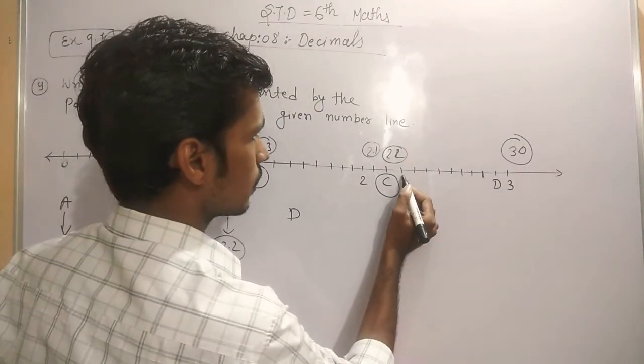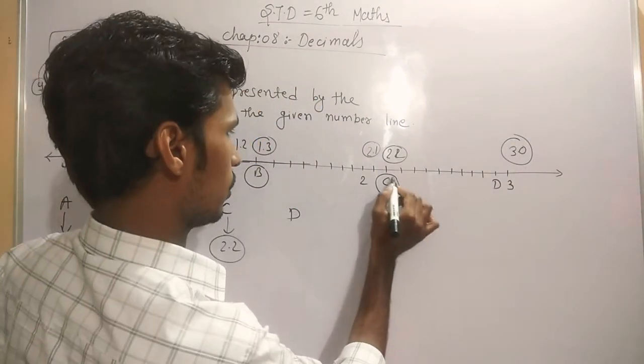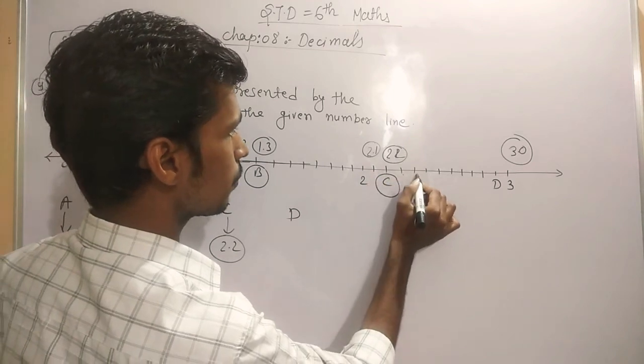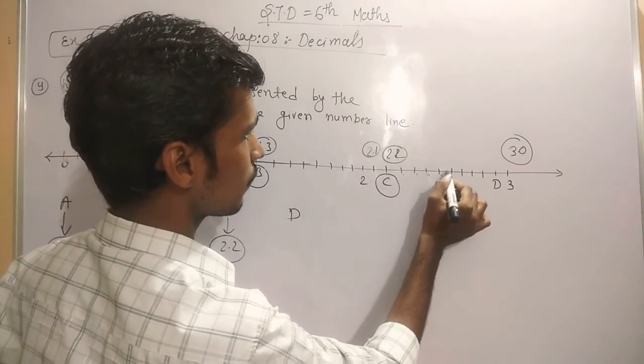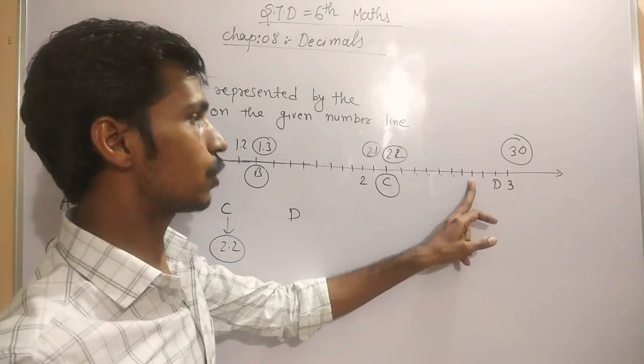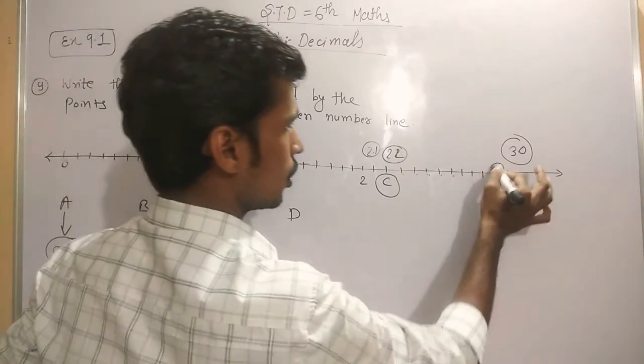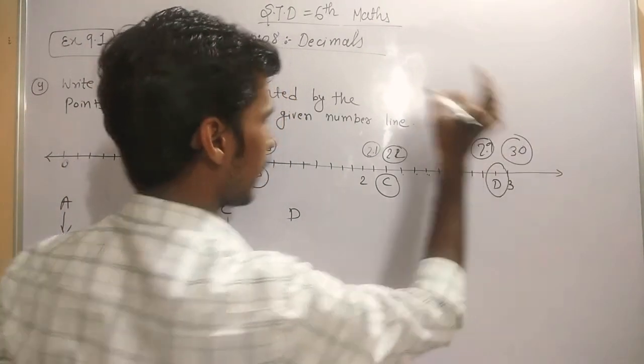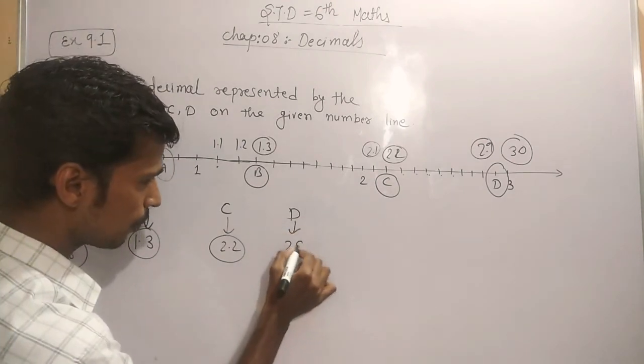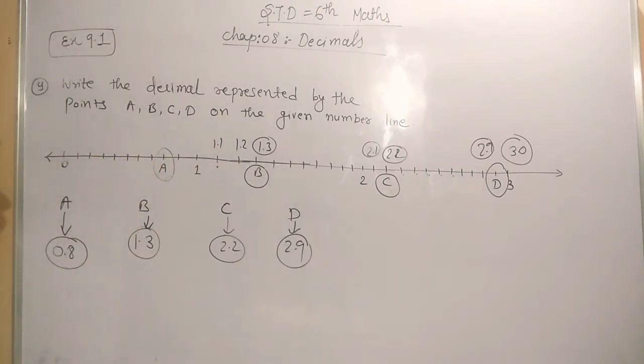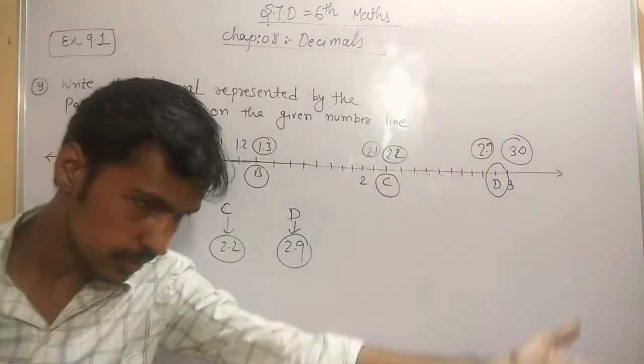So after 2, 2.2, 2.3, 2.4, 2.5, 2.6, 2.7, 2.8, 2.9. So D represents the decimal number 2.9. Okay student, this was question number 9. Let us see the next one.